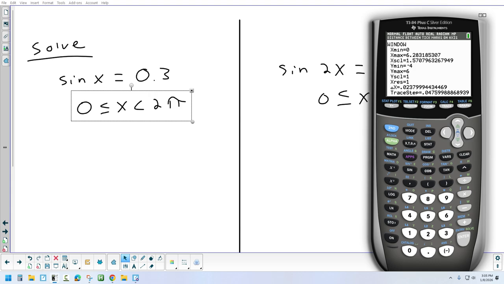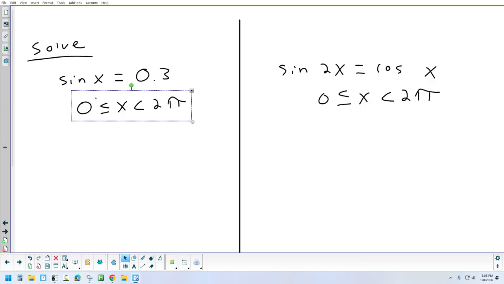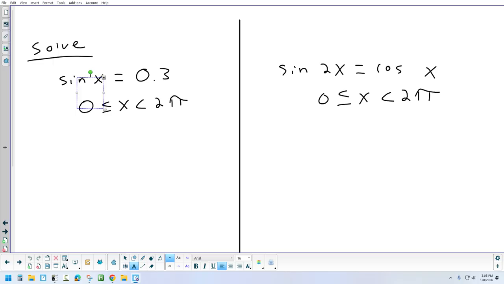We want to be in radians because the information they gave us is in radians. The way I would know it's degrees is if they had a degree symbol, like right here and over here. If they don't have those degree symbols, we're in radians.